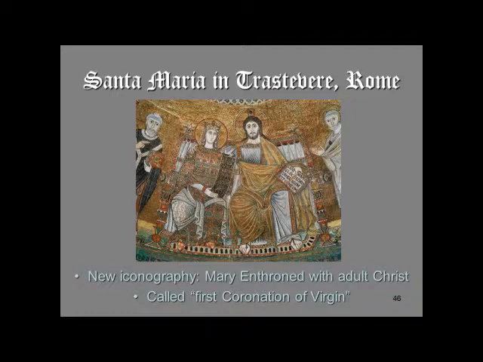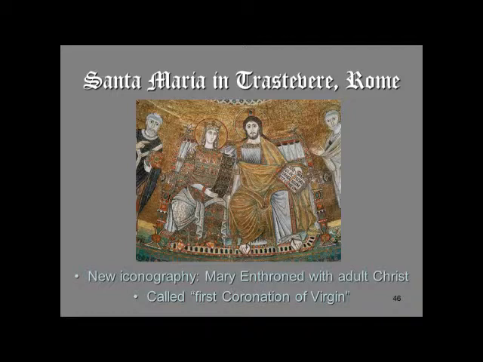And as we said, it's Mary enthroned with the adult Christ. Now, we have seen images of Mary in the conch of the apse, say at Hagia Sophia, for example, or other Byzantine churches, holding the infant Christ. But here, it's Mary with the adult Christ, and he seems to have his arm around his mother, who is crowned as a queen.